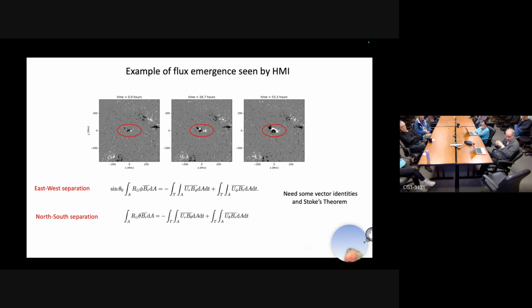So there's two contributions, one corresponding to flux emerging from below, which the two polarities will then be separated. And the second component, which is due to stuff which has emerged, appears at the surface, and then is acted on by the flows associated with the emergence.